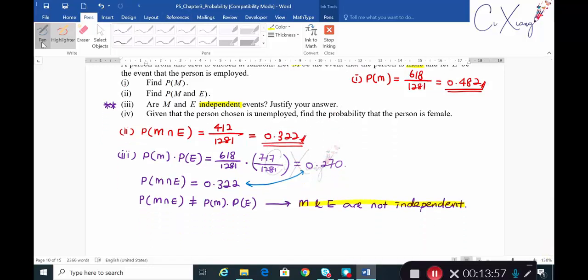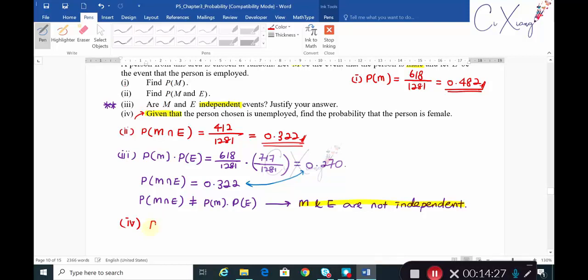Alright, then the last part for this question, part number 4. Okay, highlight the words "given that". So again, you see the words "given that" tell you that it is conditional probability. Alright, so maybe before you get the answer from me, you can pause the video for a while and try to answer this question before checking your answer with my answer.